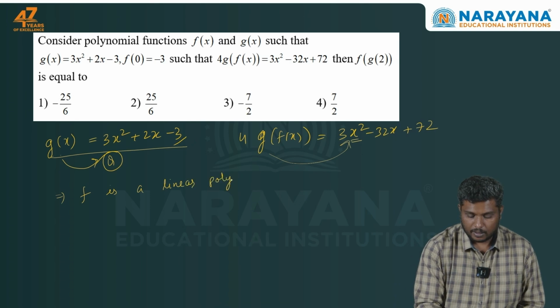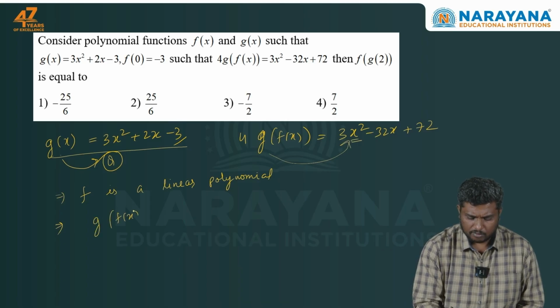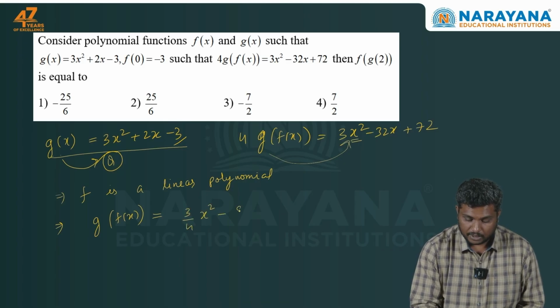It's a linear polynomial, and by basic observation you can tell that g of f of x is 3 by 4 of x square minus 8x plus 18.